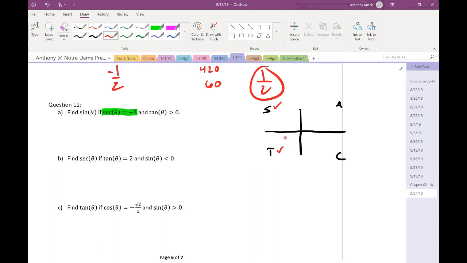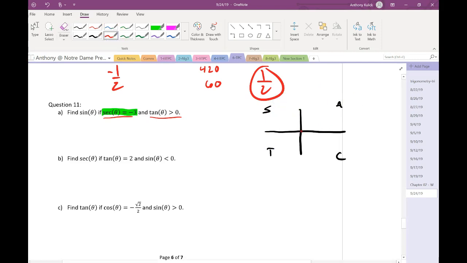Anything else would be negative. The A is for all: sine, cosine, tangent. Tangent is positive in the third quadrant and first quadrant. So the place where both things happen, where secant is negative and tangent is positive, is here in the third quadrant. So that's the first step, to figure out what quadrant we're in.